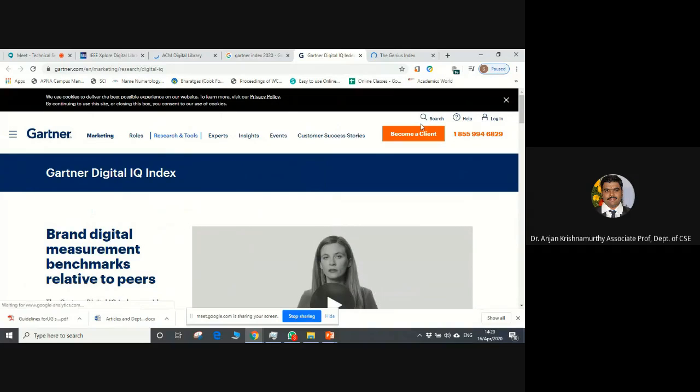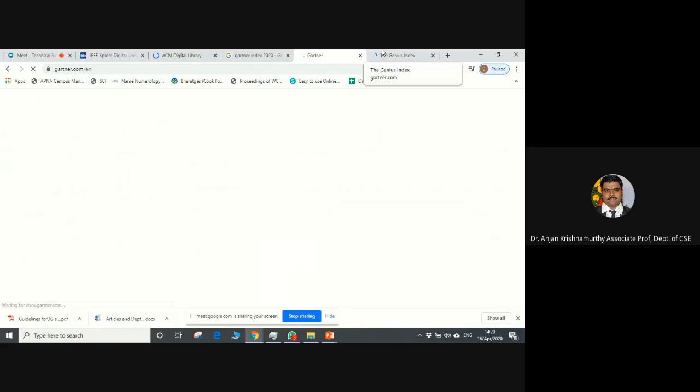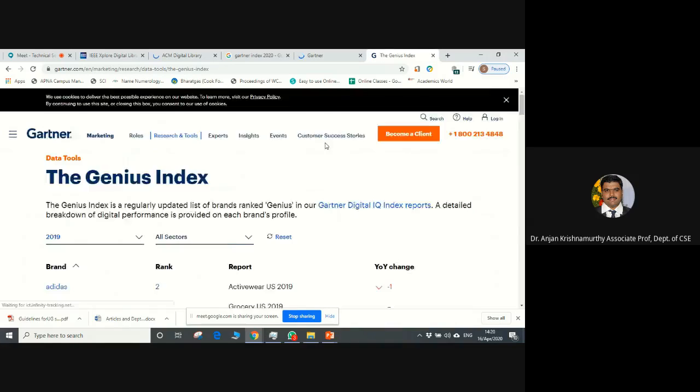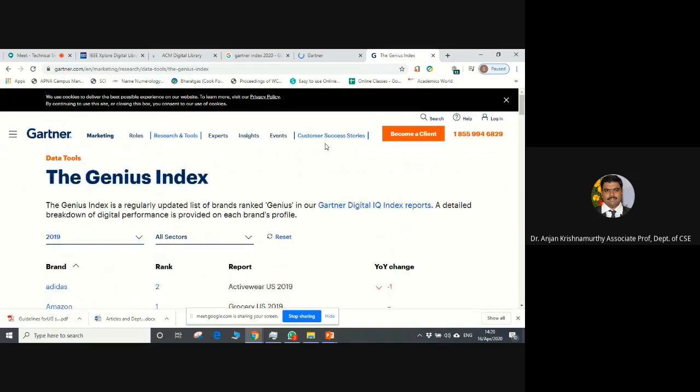Even from their website homepage, you can see a lot of new details about the latest trends which are happening, right? Gartner also comes with its own magazine.